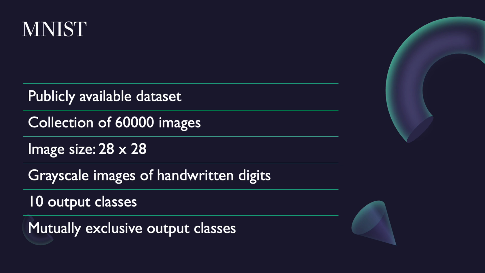In contrast, MNIST, which contains handwritten digits, offers near-perfect performance in many cases, as we all will see later. This dataset is also publicly available with a collection of 60,000 images belonging to 10 output classes. We use this dataset to train a convolutional neural network and compare results with that of the Cypher-10.